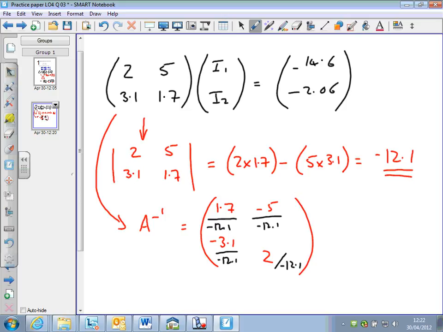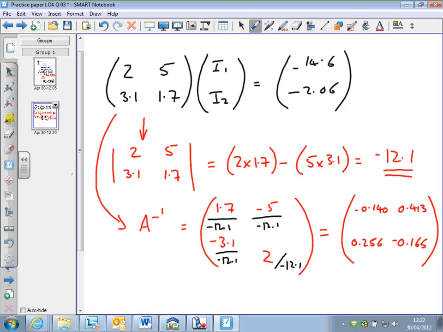And that will give us the inverse, which turns out to be minus 0.14, 0, we've used 3 significant figures, 0.413, 0.256, and negative 0.165.